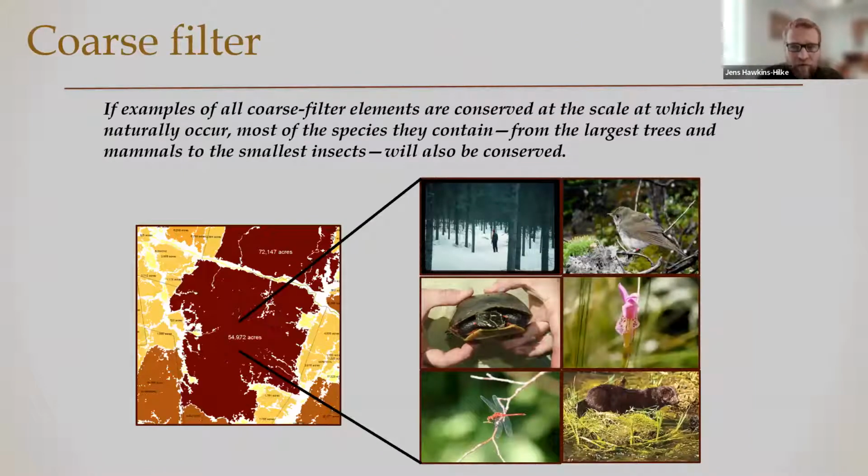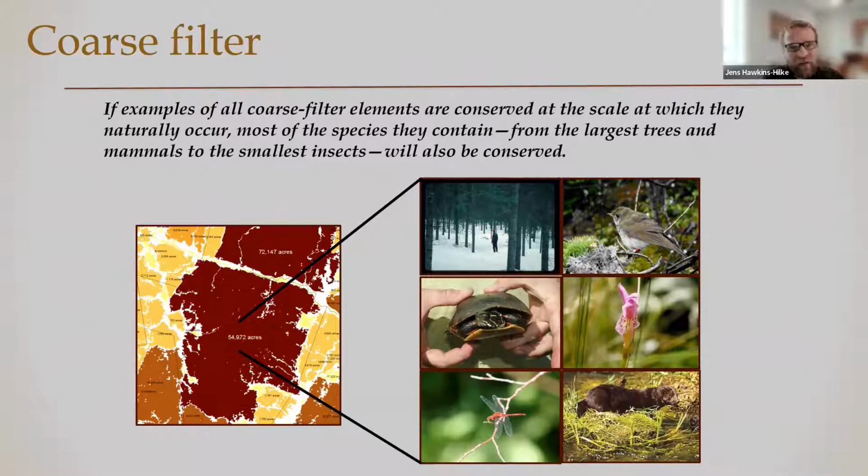Now we're using forests and this forest block as a concept, as a coarse filter type concept. Now I told you in terms of diversity, the vast majority of Vermont species live in forests. And so if we can conserve at the scale of forest, there are a lot of species that come with you as part of that package.